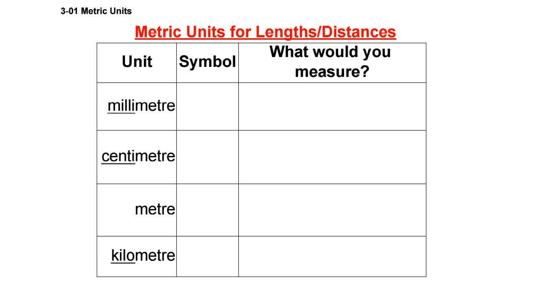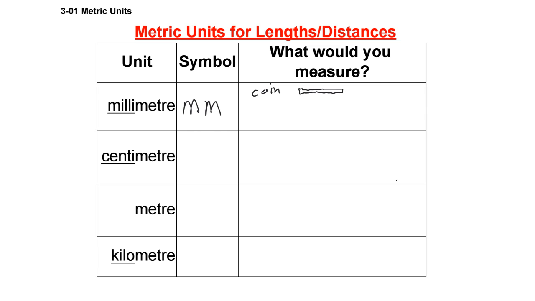When you hear the word millimeter, the symbol for millimeter is mm. And what would you measure with something that was a millimeter? Let's say you looked at a coin, not the face of the coin, which is the circle, but turned the coin sideways so that you see the very flat, thin edge at the side of the coin.